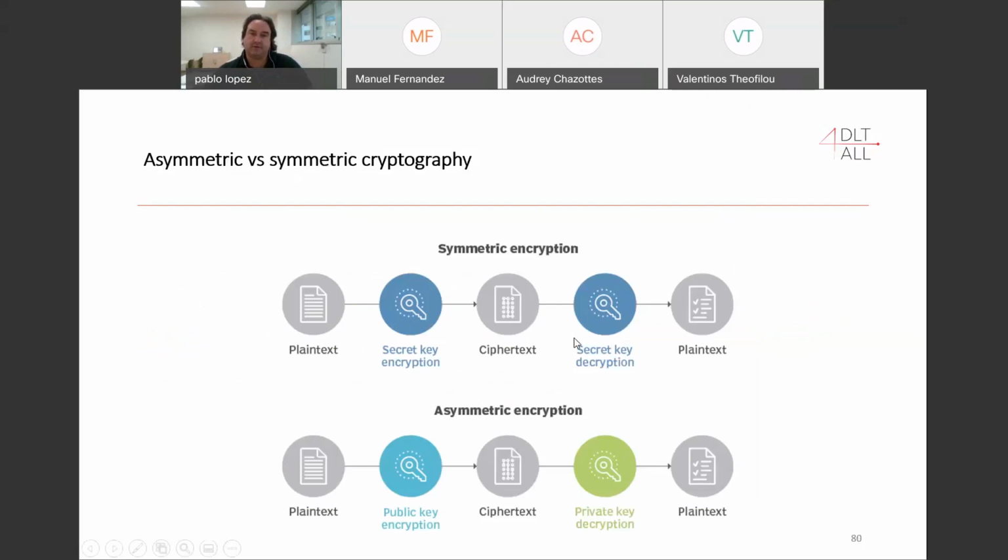Let's continue with this discussion about asymmetric versus symmetric, and more than a discussion, to see which one is adequate for each moment. I will remind you, in symmetric encryption we always start with plain text, that means a document.